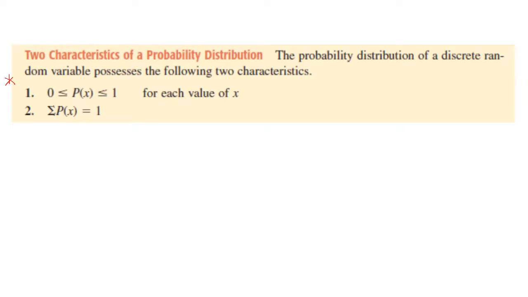That means for each possible value of X, the probability should be equal to or above 0 and equal to or less than 1. Okay, this is the first characteristic. The second characteristic is that for all values of X, the sum of their probabilities is always 1. Because probability cannot be above 1, right?